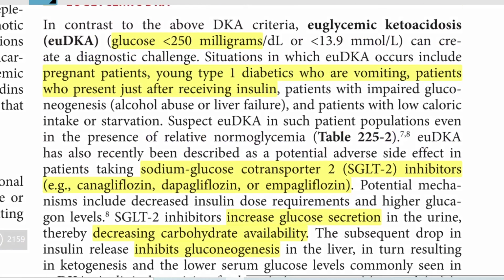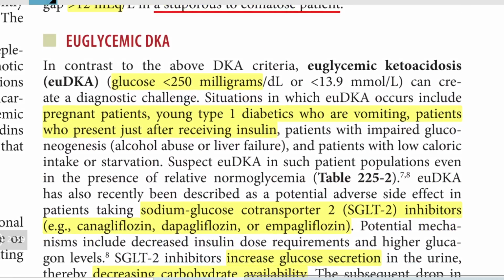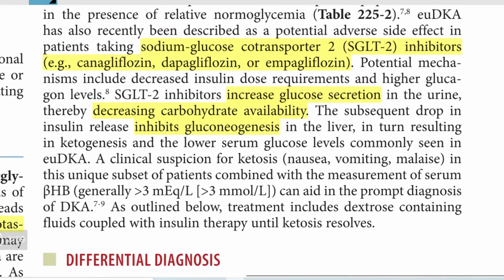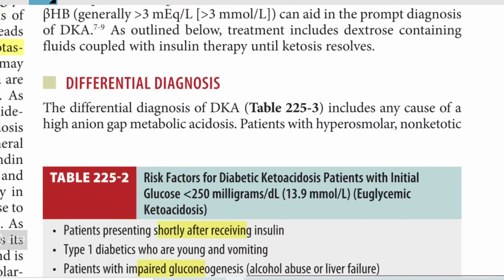Also there is a decreased requirement of insulin in patients who are using SGLT2 inhibitors. So in euglycemic DKA, the glucose will be less than 250 milligrams per deciliter, and it can create a diagnostic challenge. So we must be careful in these patients, because a patient might be having DKA and we won't suspect DKA and we won't treat in those terms. So we must be careful in this patient population.